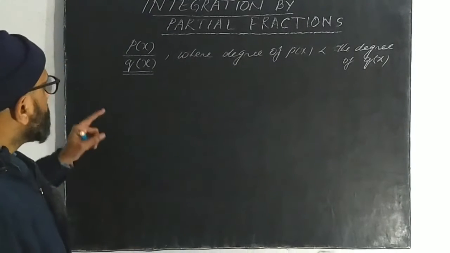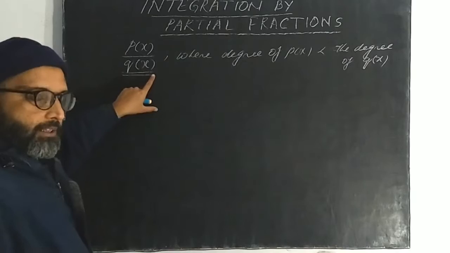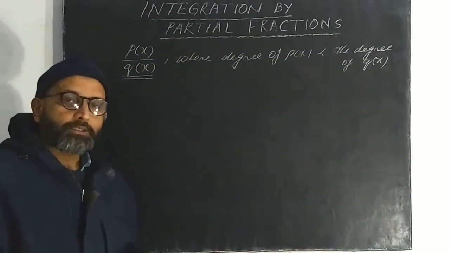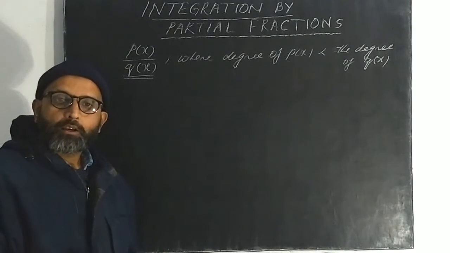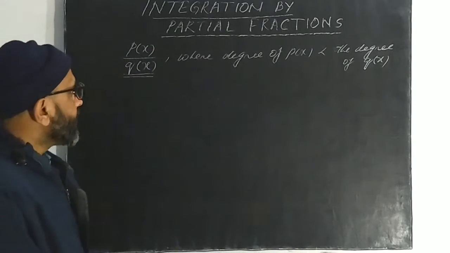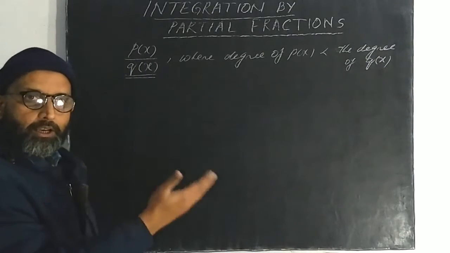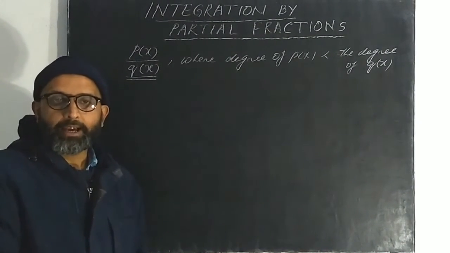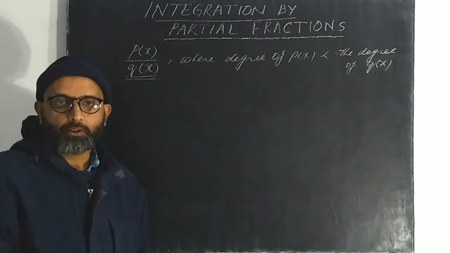So what do we do in this? When Q(x), the expression in the denominator, is given as the product of a number of binomials or quadratic trinomials, then we break this one fraction into a number of fractions such that each fraction has only one binomial or quadratic trinomial in the denominator.